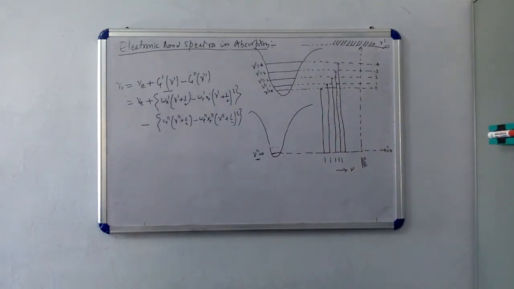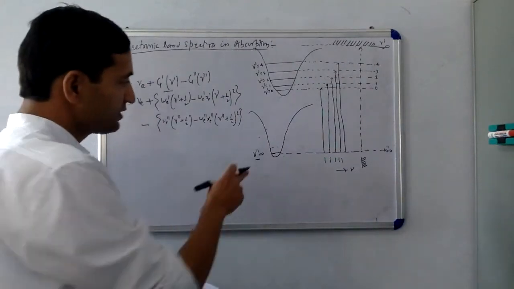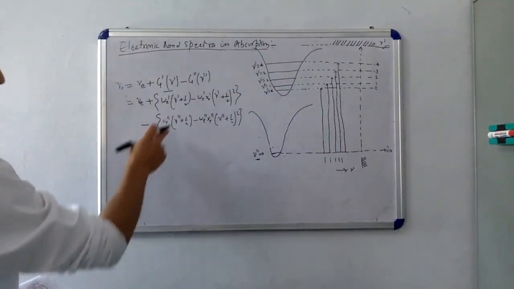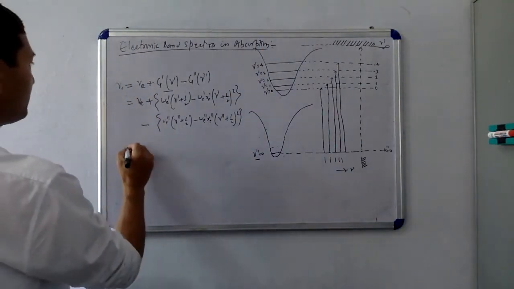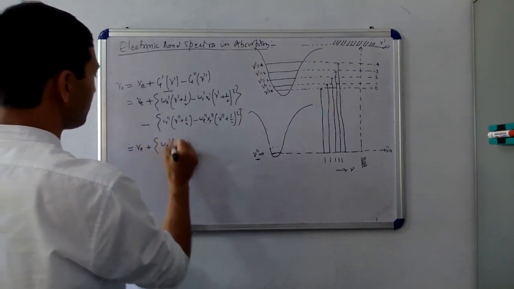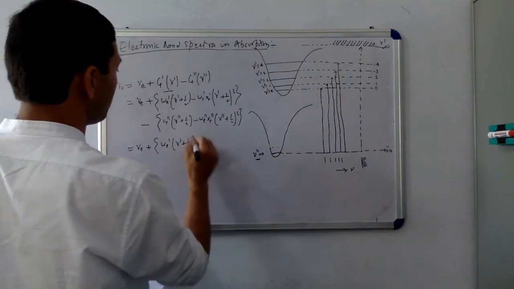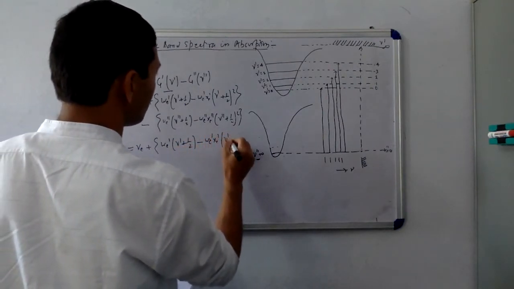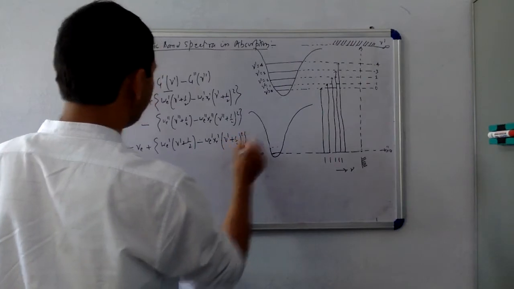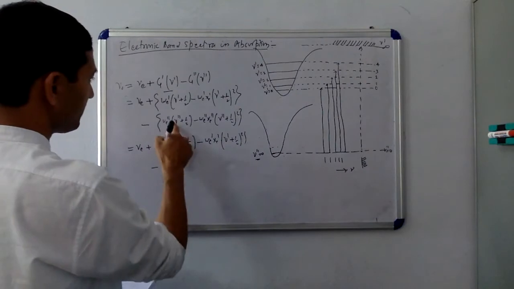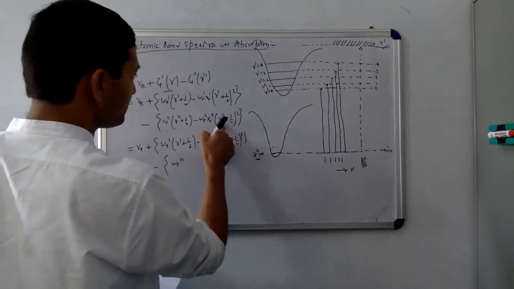So now what we are looking at is the progression from ν'' equal to 0 to all the above levels. It means that we need to put ν'' equal to 0. Finally, then you have νE plus ωE' (ν' plus 1/2) minus ωE' xE' (ν' plus 1/2) squared, minus, here ν'' is 0, so this is 0 again.